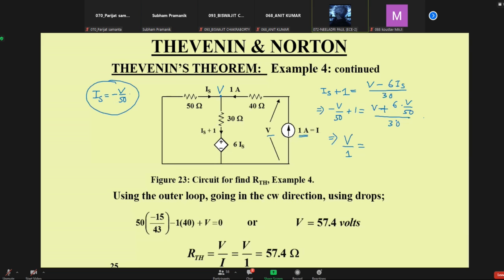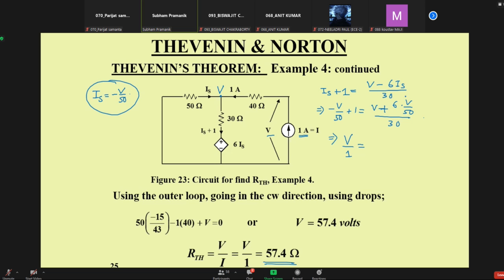Yes, sir. Approximately the same. 57 point some value. So see, everything is possible as long as your chosen direction is perfect, then obviously you will reach the destination.